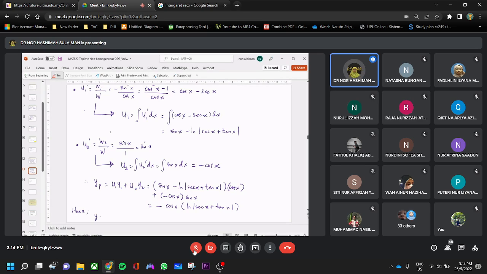Okay, hence y equals to what? YC plus YP lah kan? What is your YC just now? C1 cos x. Lepas tu minus cos x, write down everything.